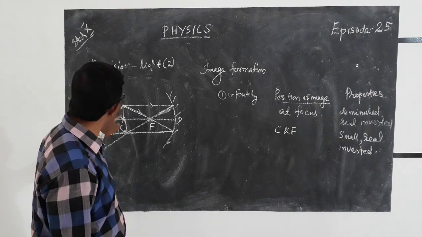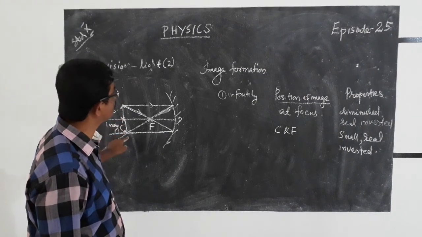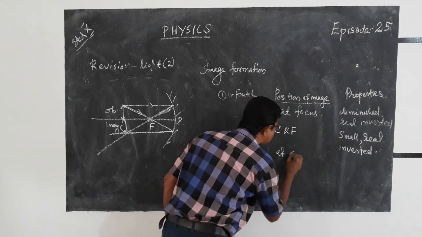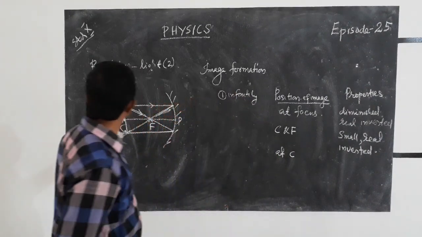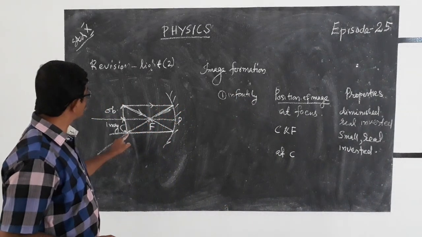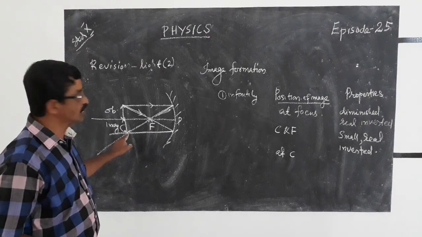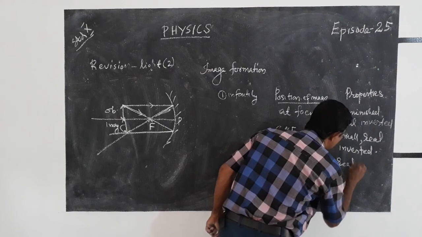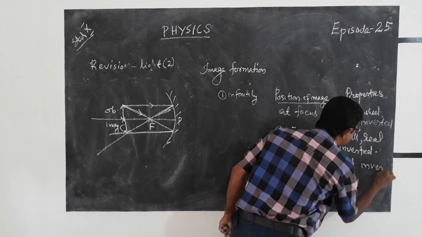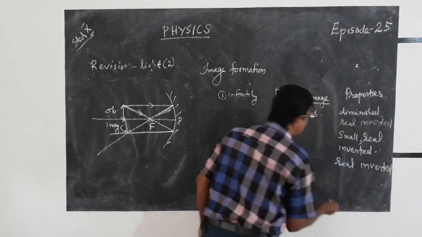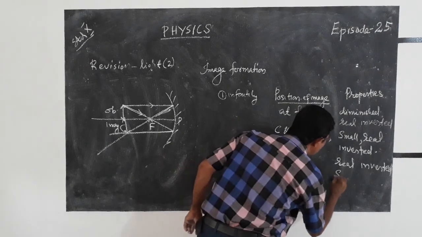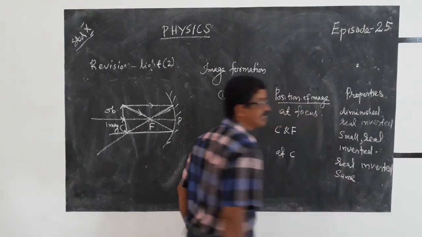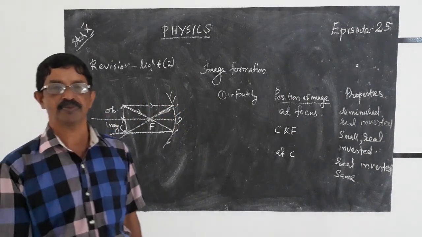When the object is at the center of curvature, the image is also at the center of curvature, so its position is at C. These two rays are meeting, so the image is real and also inverted, and the size of the image is the same as that of the object.